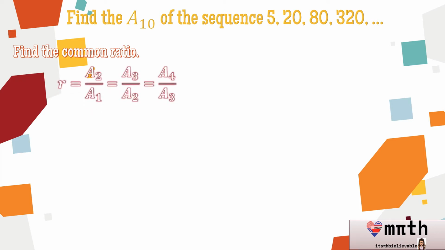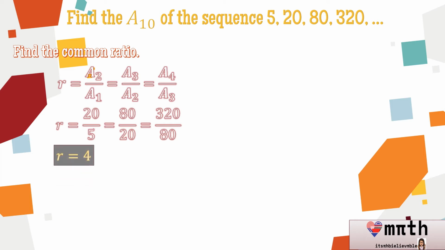Again, in order for us to get the ratio, let us divide the second term by the first term, the third term by the second term, and the fourth term by the third term. So that would be 20 divided by 5, 80 divided by 20, and 320 divided by 80, which are all equal to 4. So our common ratio r is equal to 4.